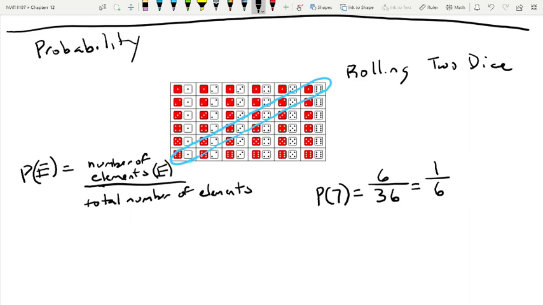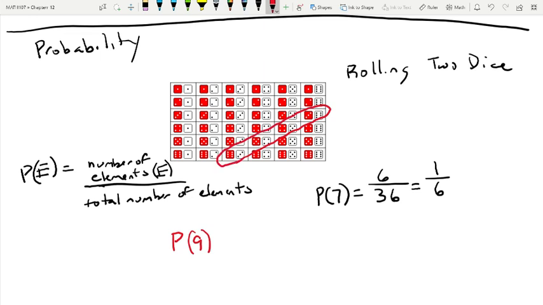So let's look at another one. Now I want to know what is the probability of getting a 9. The probability of a 9 is given along this diagonal here.